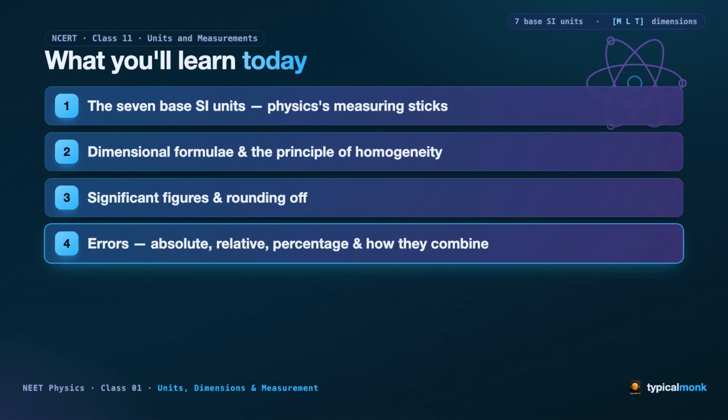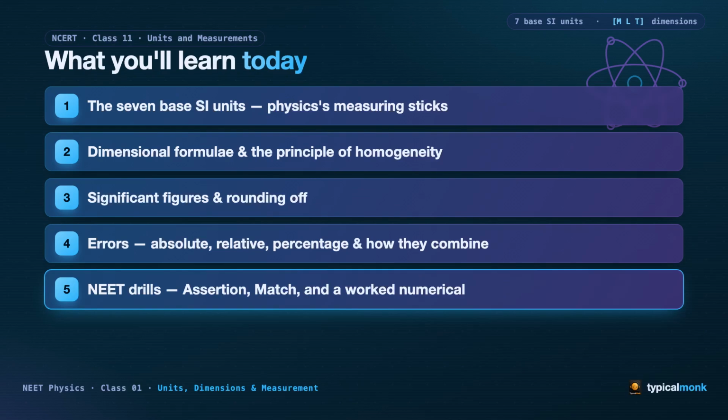Fourth, errors, absolute, relative, and percentage, and the simple rules for how they combine when you add, multiply, or take a power. And fifth, the NEET drills, assertion and reason, match the column, and a full worked numerical, so that everything you learn today you can also score with. Ready? One idea at a time.